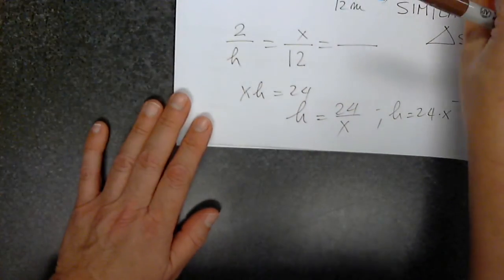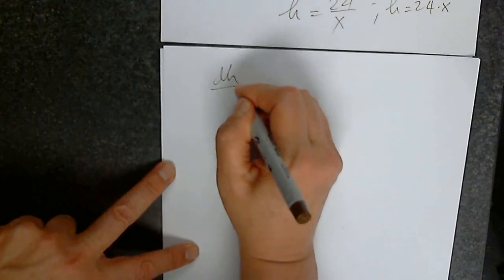Differentiate. Yes, differentiate. Remember, h and x are functions of time. They have to be treated as functions. So I differentiate h. What do I get? dh/dt. Very good.